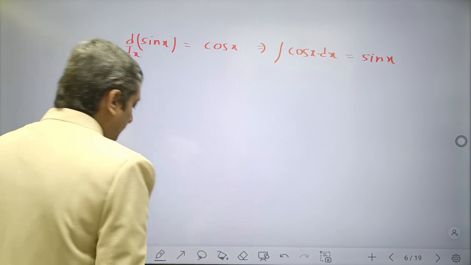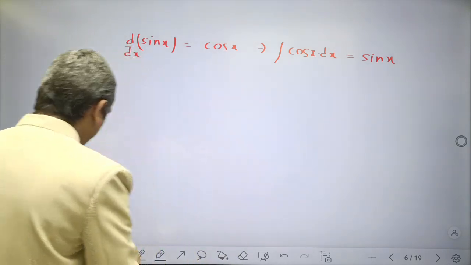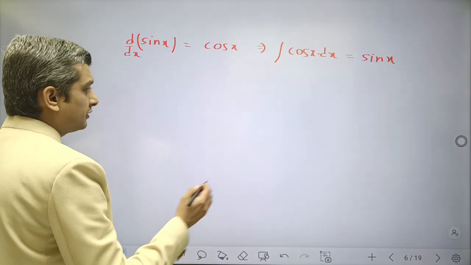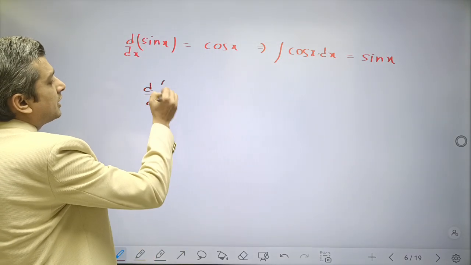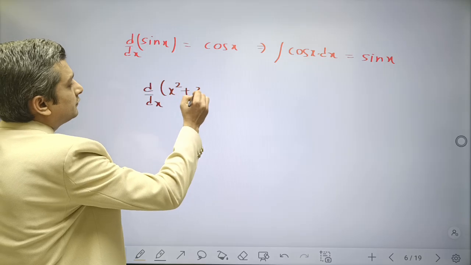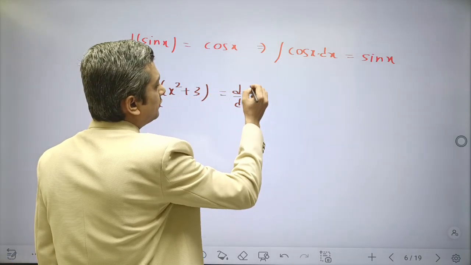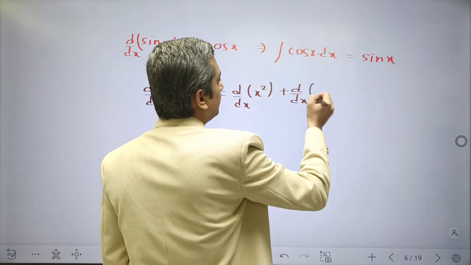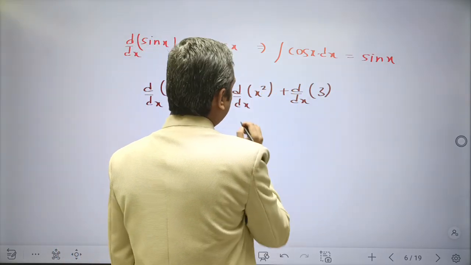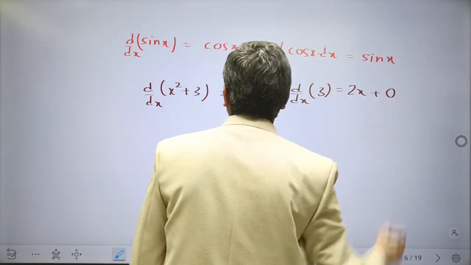We will have some more formulas, but before proceeding to the formulas, let us have a look at a very basic concept. Suppose I find the differentiation of the expression x square plus 3. So this will be dy dx of x square plus dy dx of 3, and we get 2x, and the differentiation of a constant is 0.